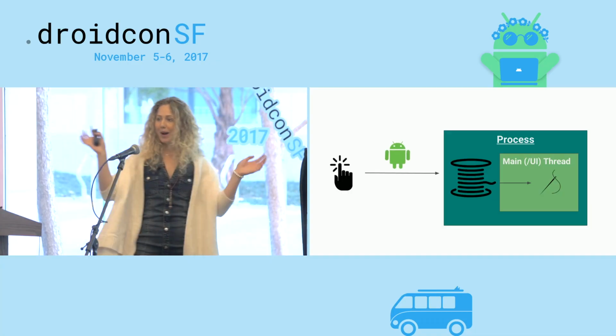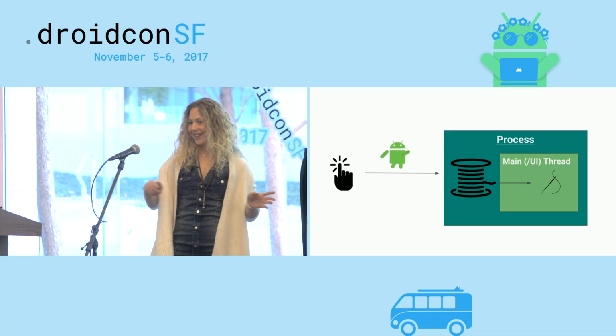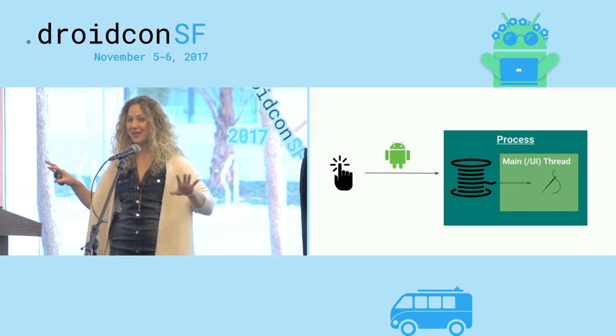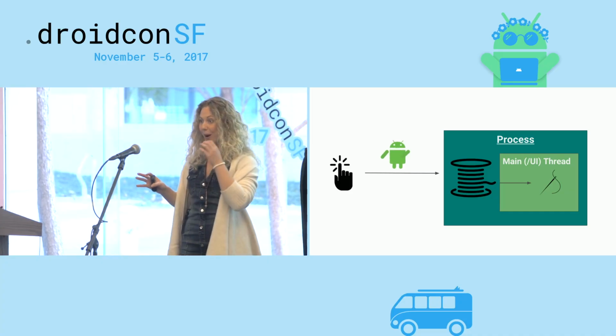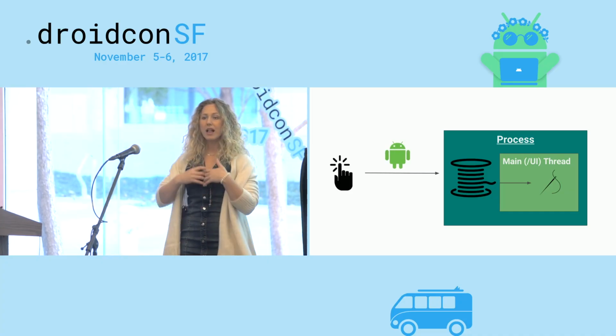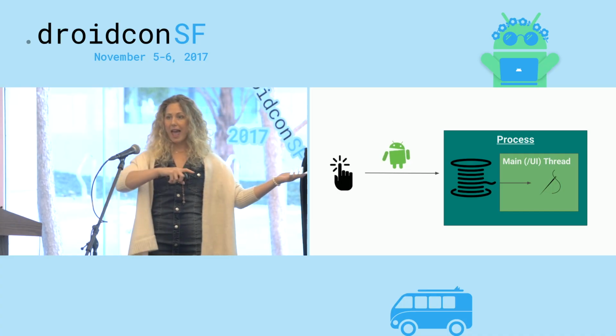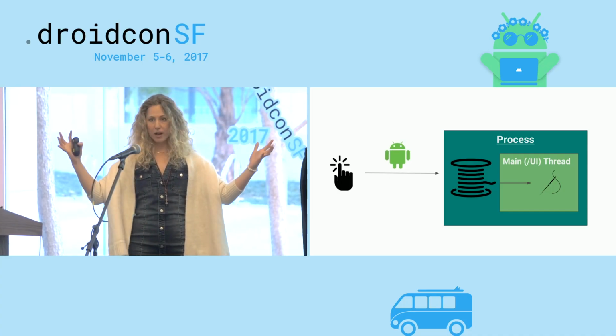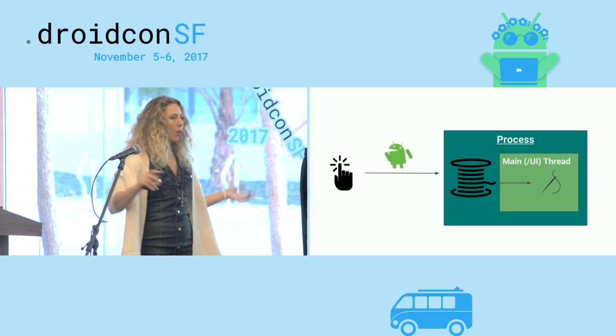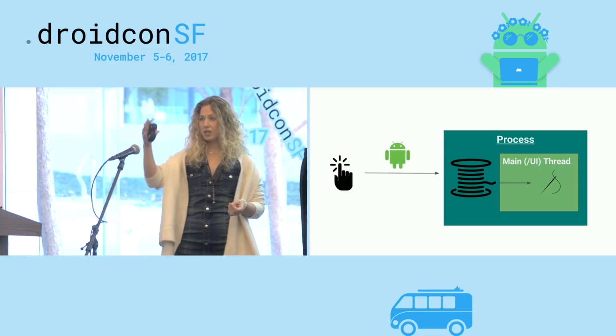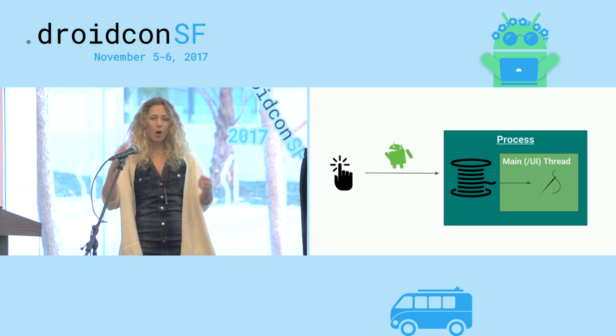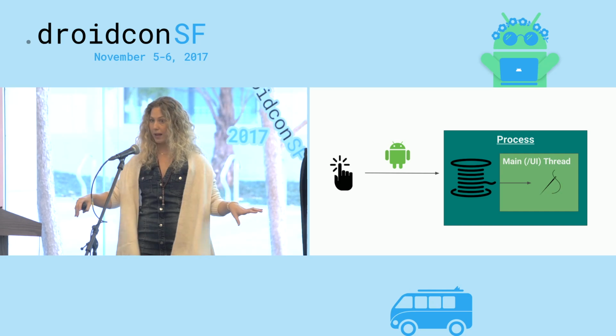So a quick reminder, because it's not really about that. I'm sure you know that when we launch an app, Android is going to create a Java process for us, with a thread that is going to be our main thread, our UI thread, the only thread that can touch the UI.